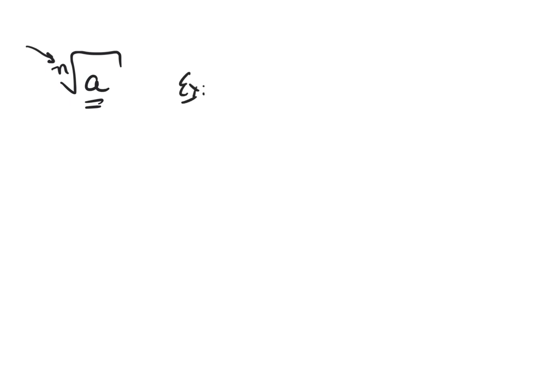Just as a couple of examples to get you a feel for this: if the type of root is a 3, and the number is an 8, this translates into replacing n with 3 and a with 8. This turns into the third root of 8, or cube root of 8, which is asking what number multiplied by itself 3 times gets you 8. So our answer is 2.